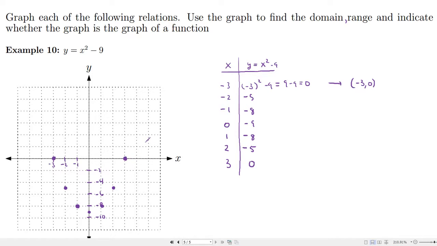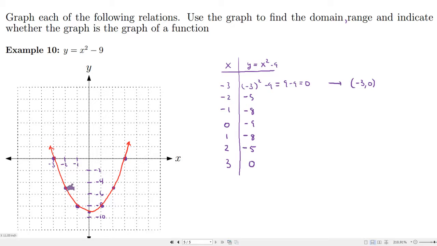Okay, so then the graph, let me switch to a different color here, maybe red. The graph of this relation will connect these points, but there's going to actually be infinitely many points, but let's just do our best to try to draw this. We'll see later on that this is what's called a parabola.